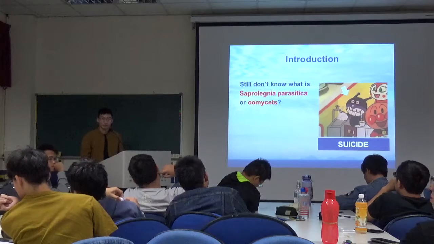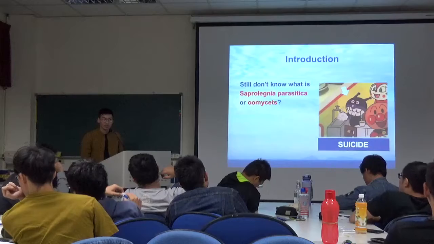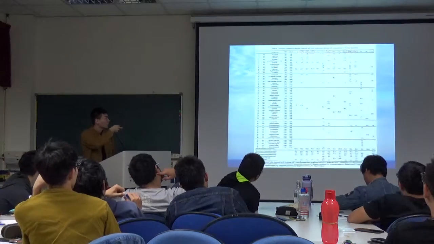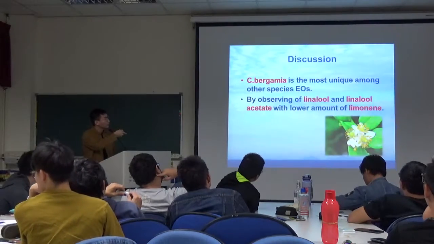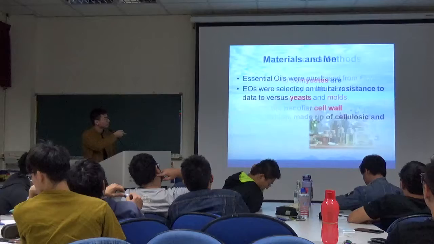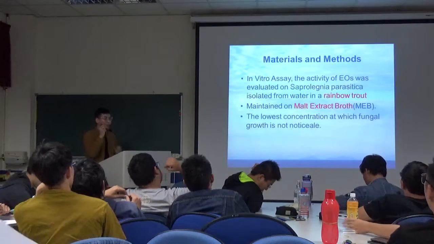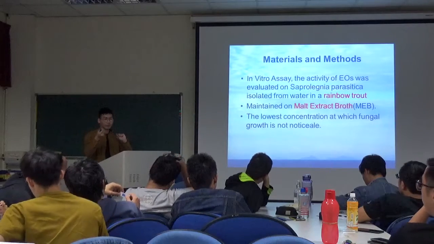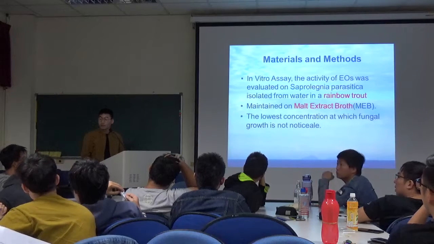Rich. So I want to ask what is rainbow trout. Rainbow trout is kind of a disease that happens in fish. It's kind of a virus that happens in fish. They will make fish sick. Rainbow trout?